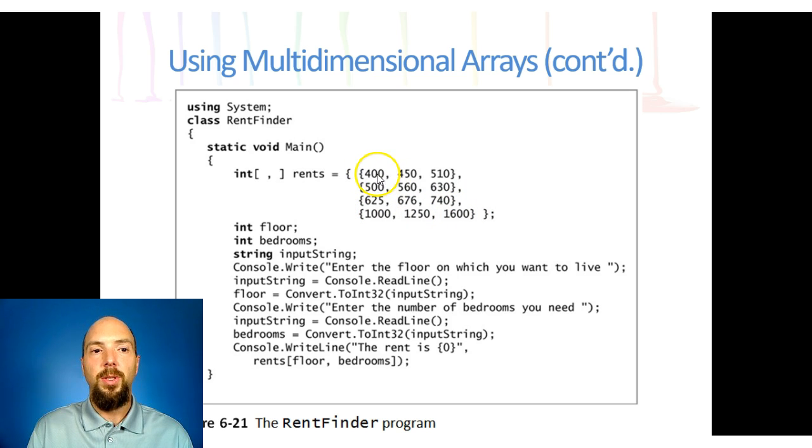Within element 0, I have a sub-element of 0, a sub-element of 1, and a sub-element of 2. So this is 0,0, 0,1, 0,2. This is element 1, so this is 1,0, 1,1, 1,2. This is element 2, so this is 2,0, 2,1, 2,2, and so forth.